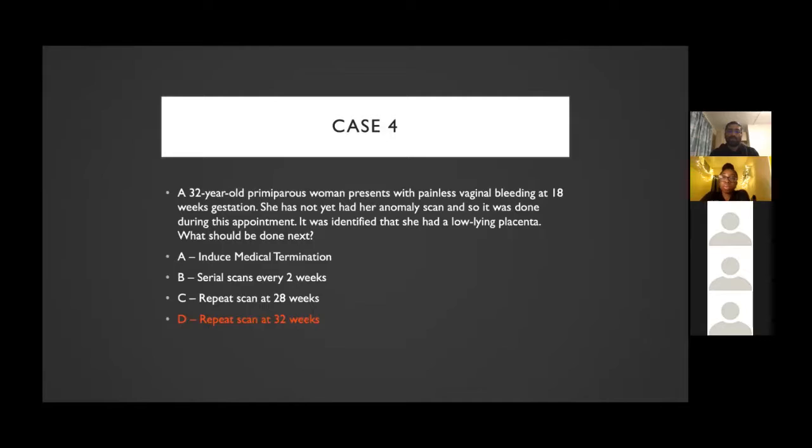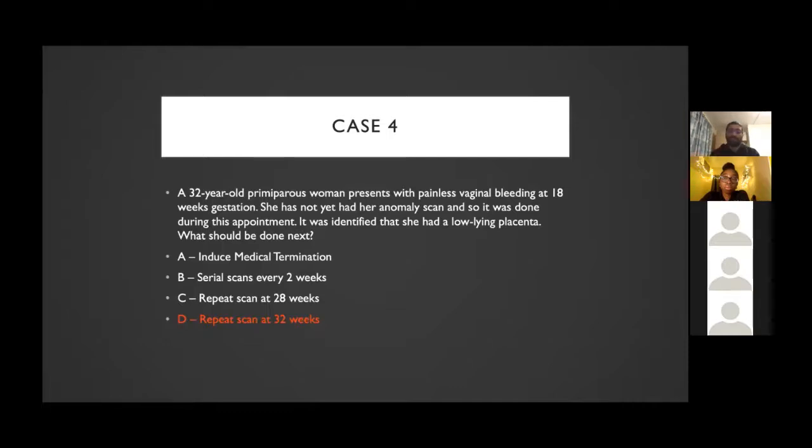But I think with something like a low-lying placenta, they are common within pregnant patients. So serially scanning them every 2 weeks may not make a difference in terms of the placental position. So waiting until 32 weeks is generally guideline standard to see if it's progressed to something like placenta previa.